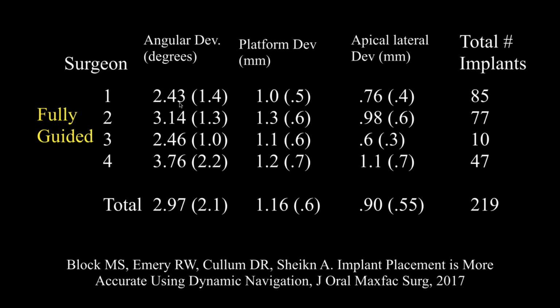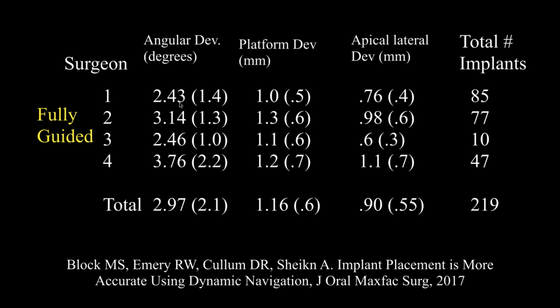That's reasonable. Small deviations: platform deviation about 1, apical deviation about 1. These numbers, 3 degrees off, 1 and 1, are pretty much what you're going to see in static guides or any other navigation. This is fully guided, and this is quite accurate.